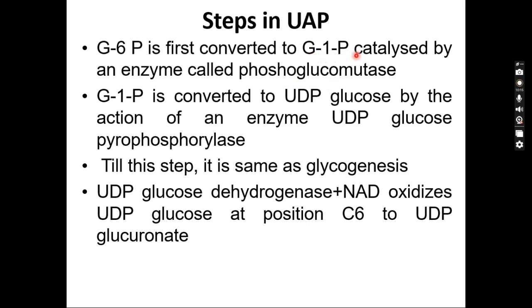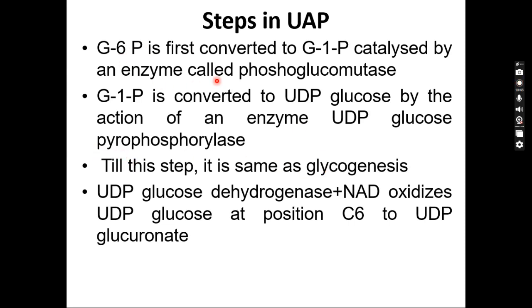From the glucose 1-phosphate, this is now where the glucose 1-phosphate will be converted to UDP, which is uridine diphosphate glucose, by the action of an enzyme called UDP glucose pyrophosphorylase. That's the enzyme that will catalyze this reaction, glucose 1-phosphate to UDP glucose.